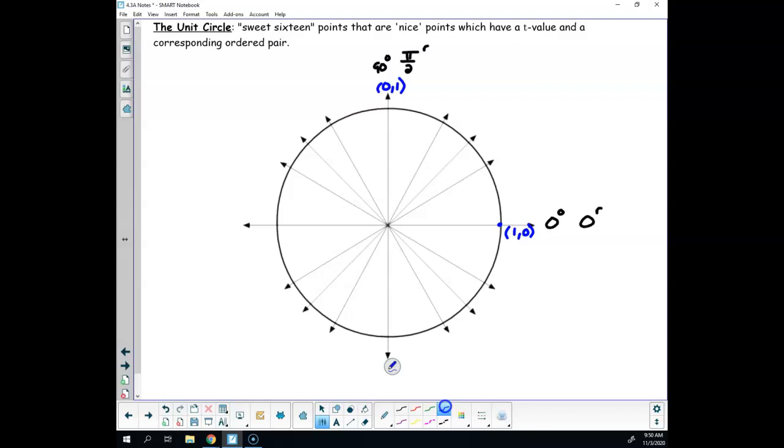Okay. Let's go another 90 degrees. Go up here to 180 degrees, or pi radians. That gives us the point -1, 0. What's the cosine out there?